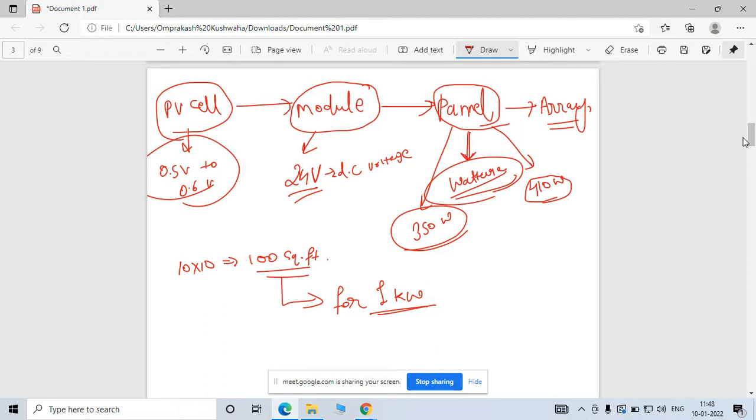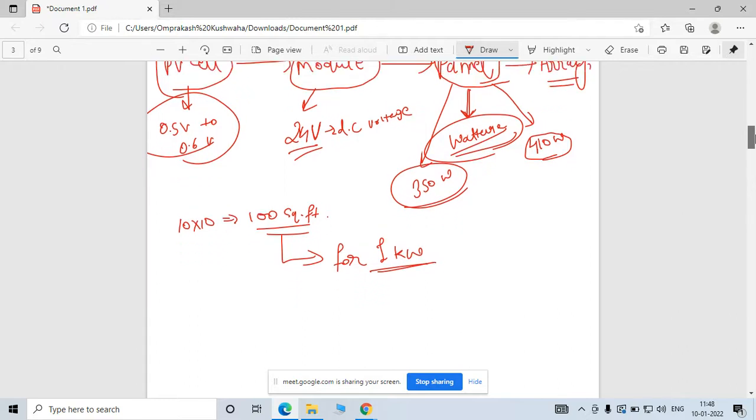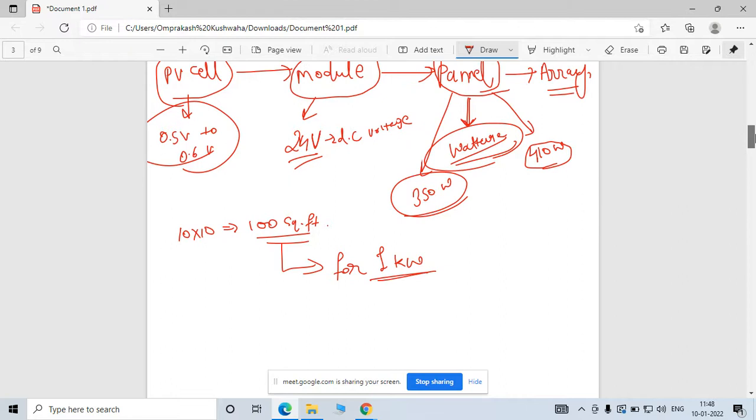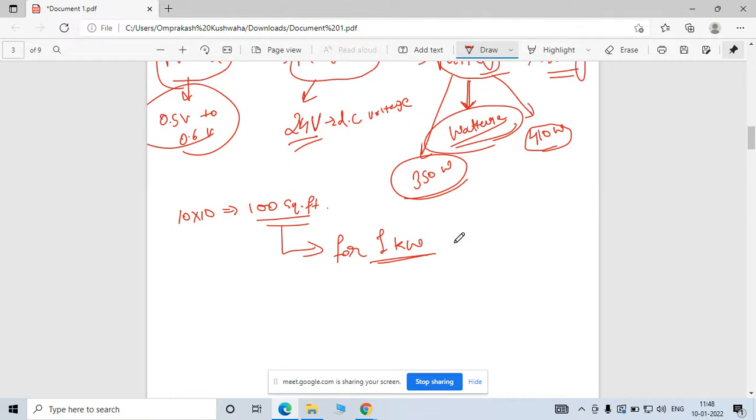Depending on the plant, you can install this solar plate, right? So if I make 50 panels, or you can say if I make 20 tables, one table consists of 40 panels. Okay, one table consists of 40 panels.